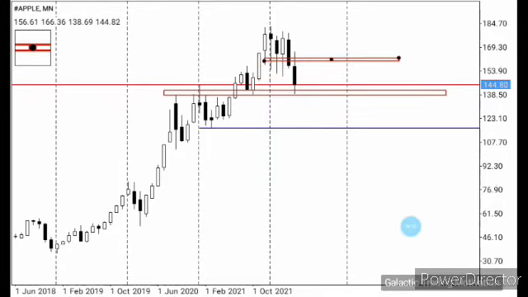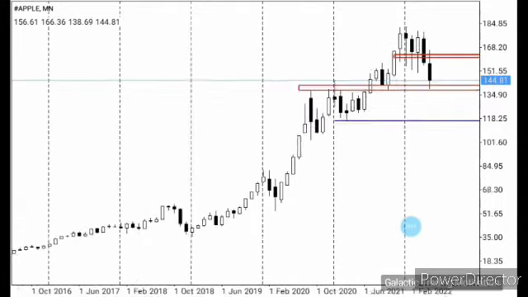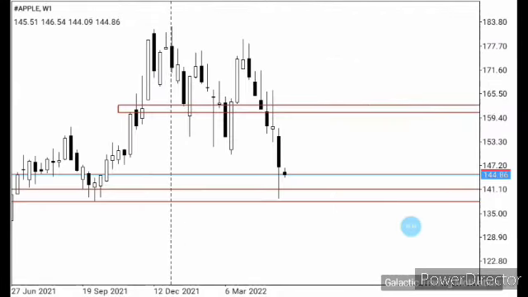The neckline is around this area, right? So what else do we see on this chart that is important or significant? I don't see much. So let's continue to the weekly chart.